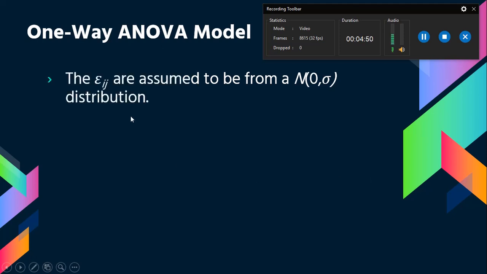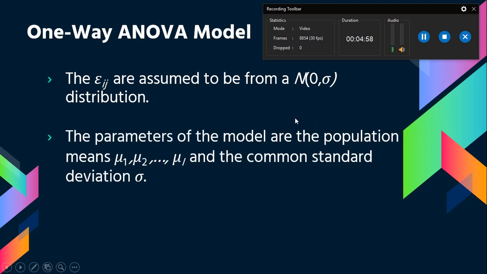All the residuals or errors are going to be assumed normal. The parameters of the model that we're using are the different population means and the common standard deviation that will represent sigma, even though we don't know what sigma is.